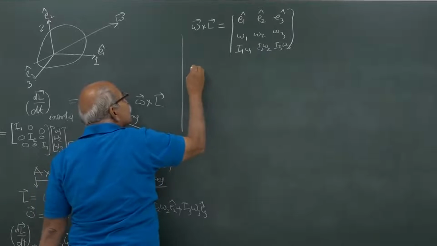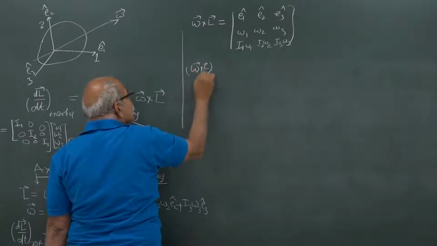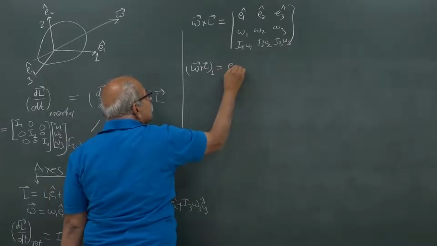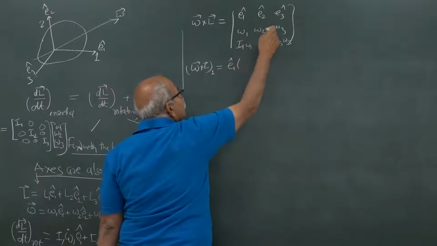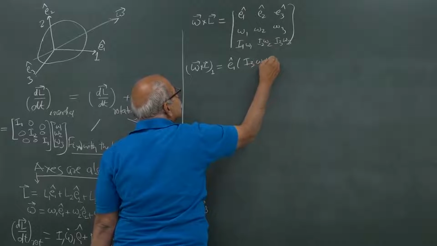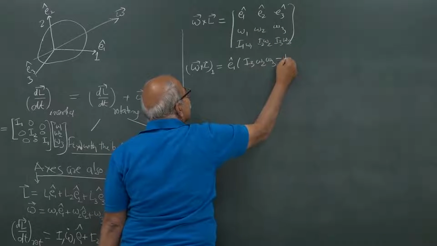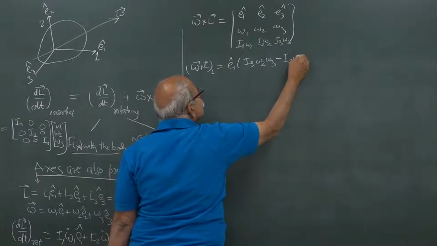So the one component of omega cross L will be E1 cap and then omega 2 into this, that is I3 omega 2 omega 3, and minus this into this, I2 omega 2 omega 3.